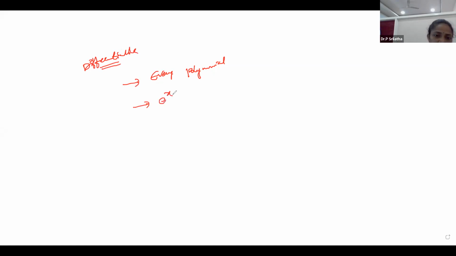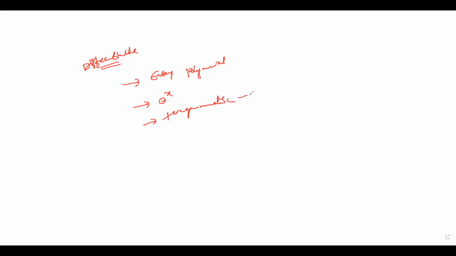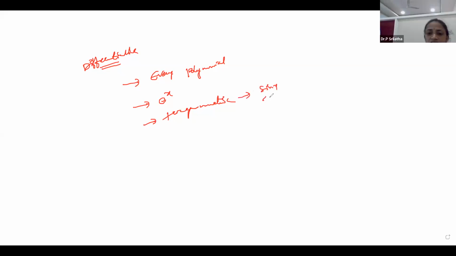And e power x, the exponential function, is also differentiable, right? Isn't it? What about trigonometric functions? They are differentiable on their domain. Only sine and cos are differentiable everywhere.